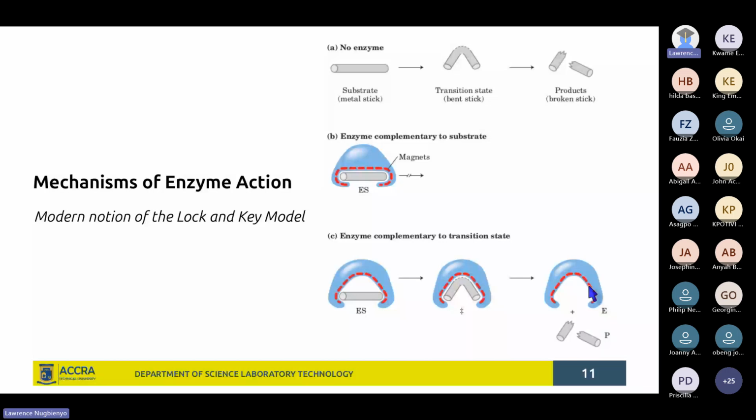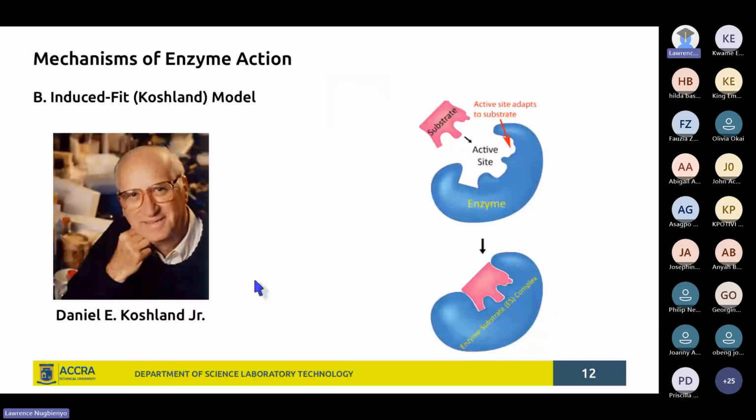Now, this brings us to the modern model of enzyme action, which has been applied over the years, what is being referred to as the induced-fit model, named after Daniel Koshland, an American biochemist. So sometimes this is also called the Koshland model.